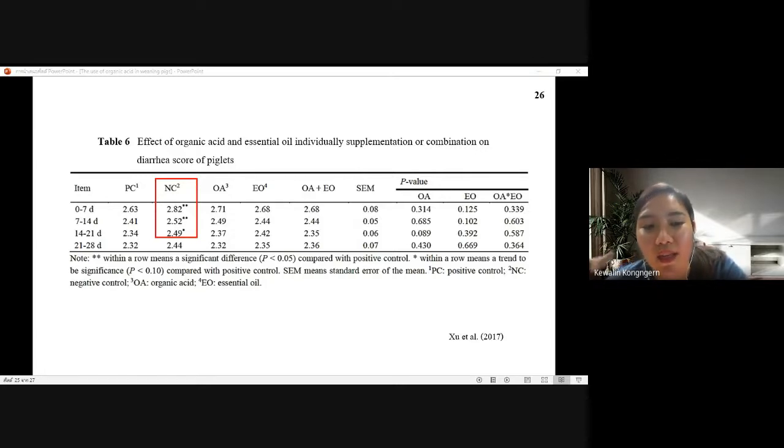If the organic acid has a lower price than the essential oil, you can use the organic acid. It's up to you, about the cost that you spend.